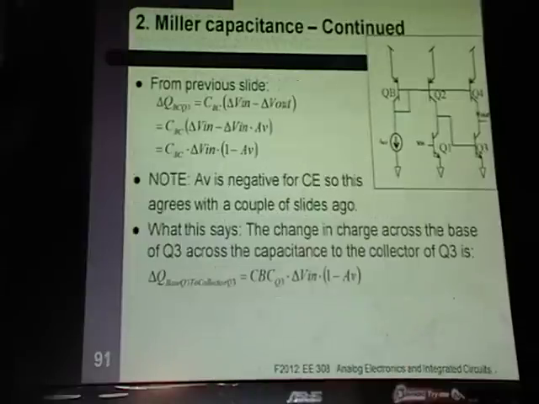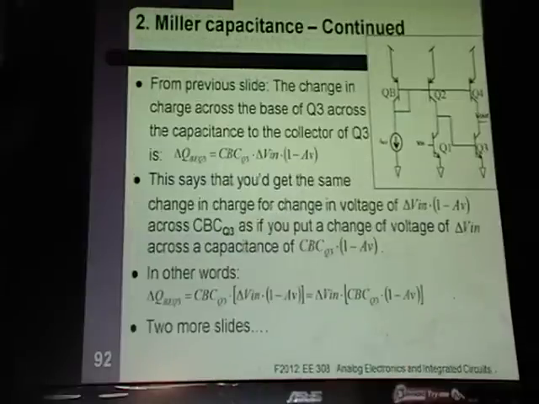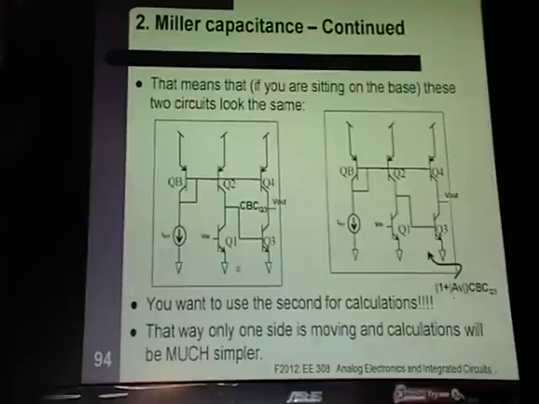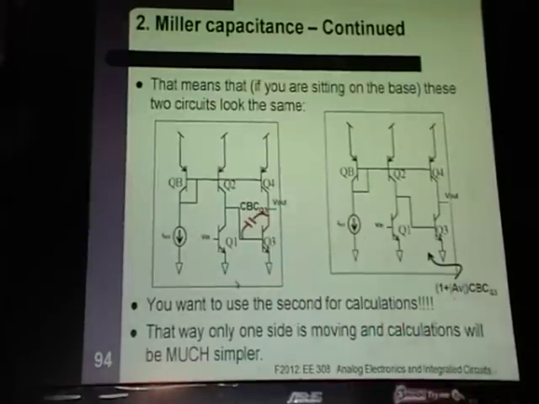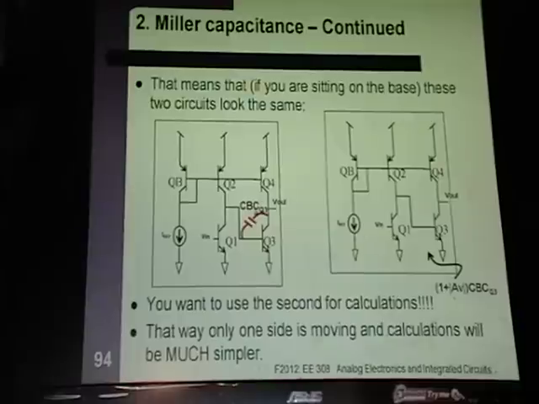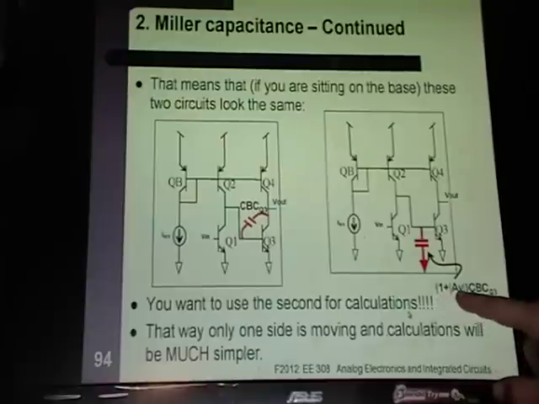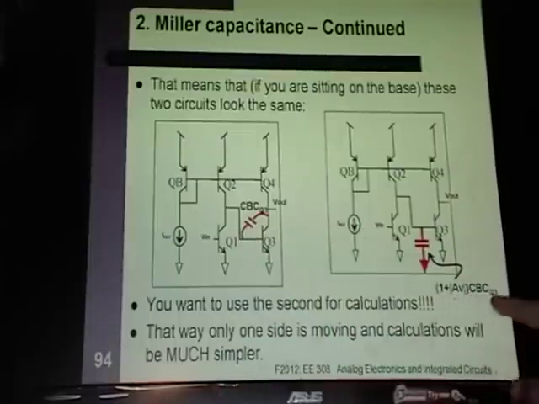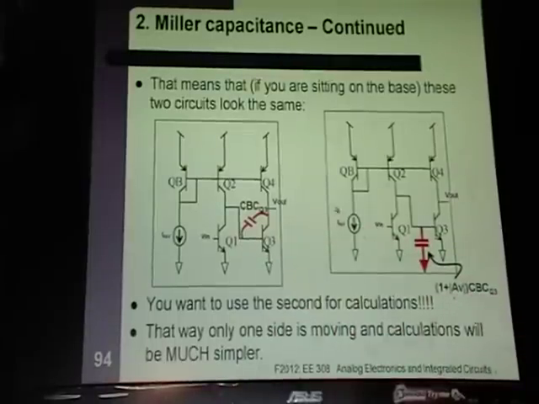So if I had this CBC over here, I can get rid of it, take it away from there, and put it down here, but with a new value of 1 plus AV times your CBC. So whatever this original CBC, it gets multiplied by 1 plus AV. It's not just CBC anymore. Okay, that's one special capacitance.